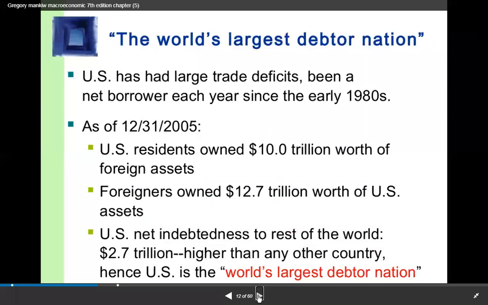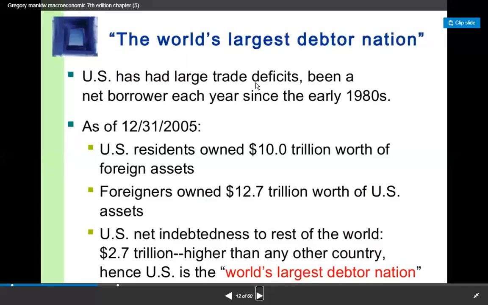Now here we find one example from the US and we confirm the last equation. In the 1980s, the US experienced a trade deficit.